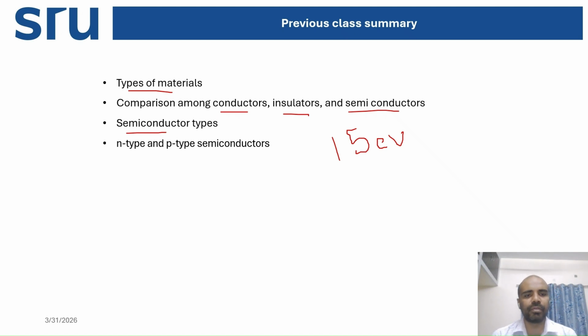If you dope with pentavalent or donor type impurities, then you will get n-type semiconducting materials, where the majority charge carrier is electron and the minority charge carrier is hole. We have discussed all these things in our previous classes.